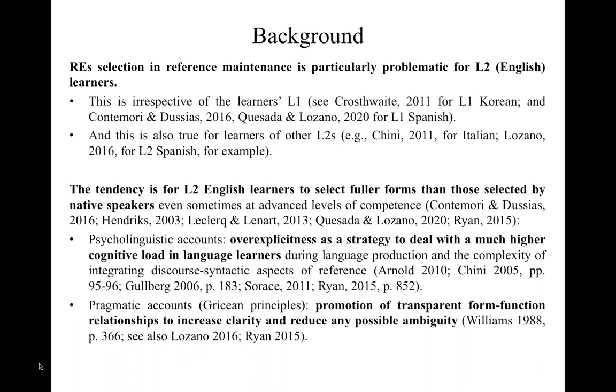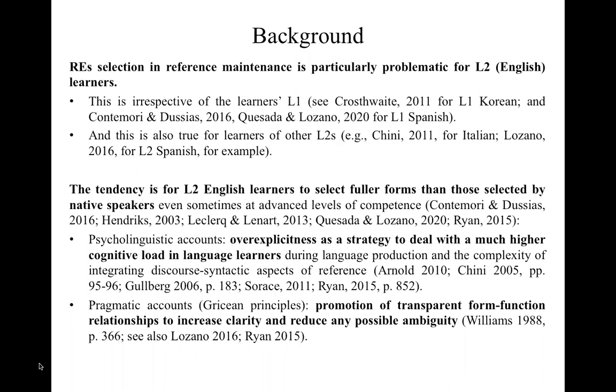A number of accounts have been given to explain this behavior. Psycholinguistic accounts explain this behavior as a strategy to deal with much higher cognitive load in language learners during language production. They also say that there's high complexity when integrating aspects of discourse and syntax at the same time, which are the aspects involved in anaphora resolution.